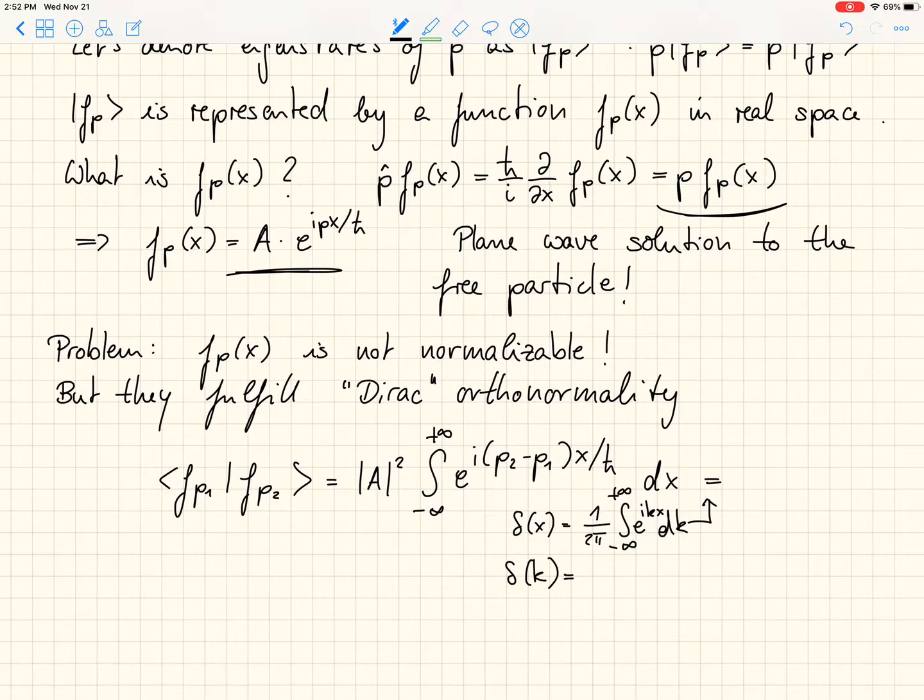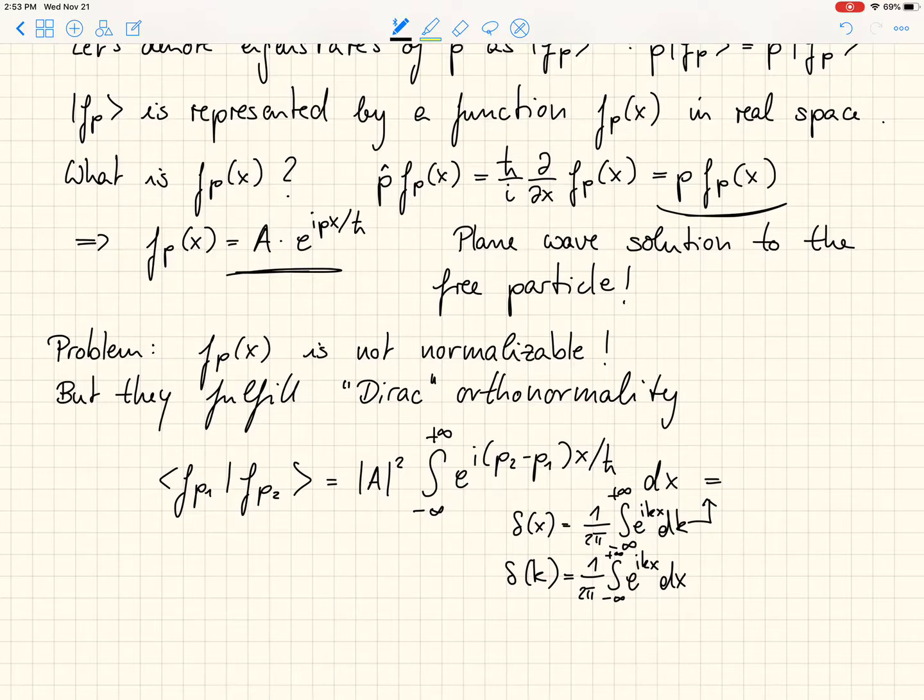Or I can likewise write this, just renaming variables, as delta of k equal to the integral from minus infinity to plus infinity of e to the ikx dx.